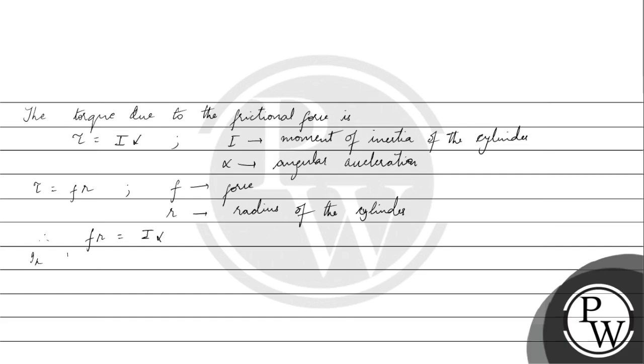In terms of linear acceleration, alpha is written as a by R. Therefore, F into R is equal to I a by R, or we can write the frictional force F as I a by R squared.